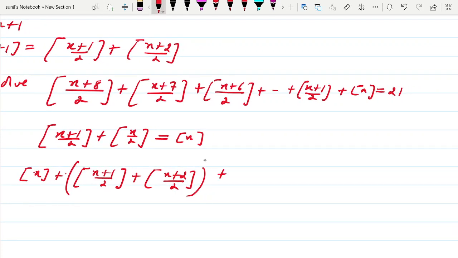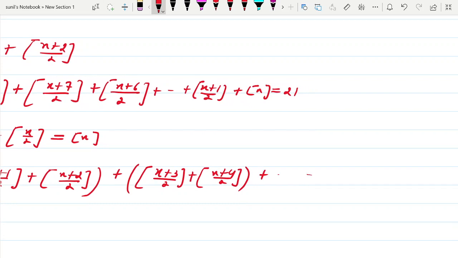My next pairing is bracket (x plus 3) by 2 plus bracket (x plus 4) by 2. If I continue like this, I'm not using the square bracket, I will use this, bracket (x plus 8) by 2 plus bracket (x plus 7) by 2, like this, is equal to 21.